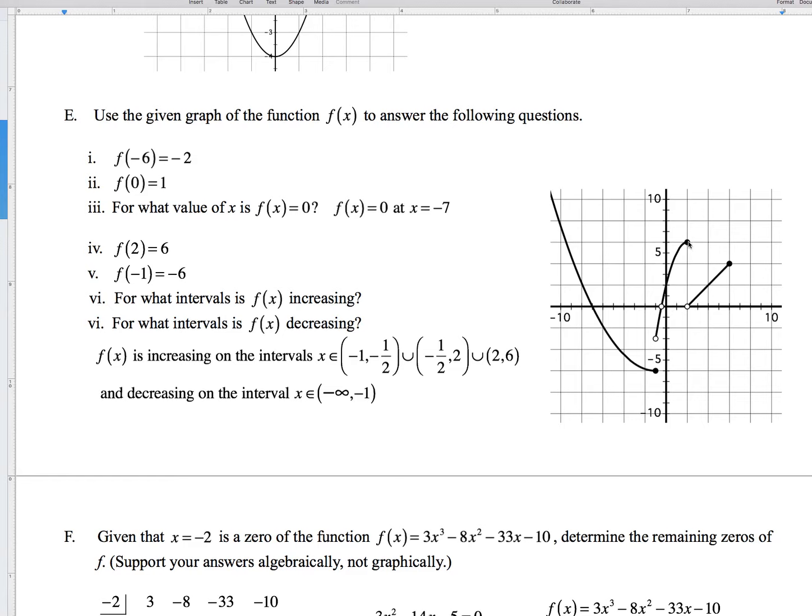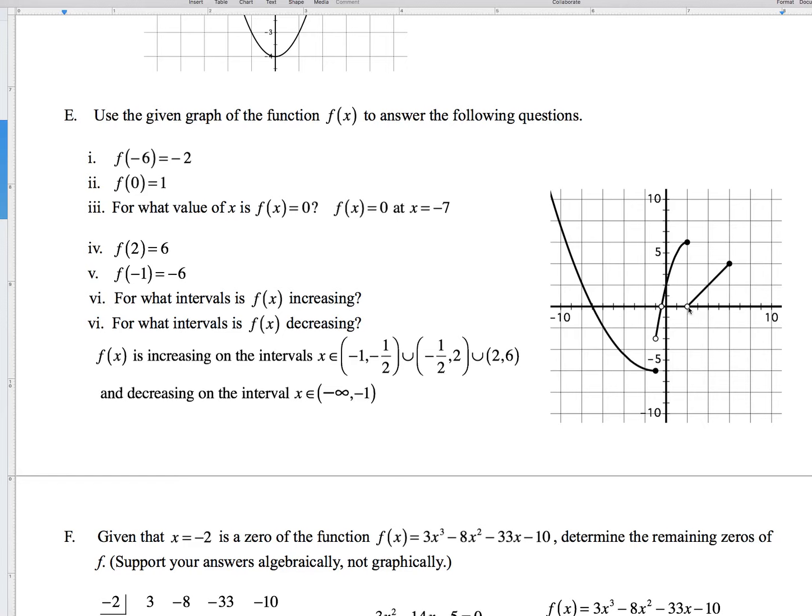Now it isn't increasing just because it's defined here at 2. That doesn't mean that the function is increasing there. It just means it's defined at 2. So it's increasing from negative 1/2 to 2. So once again, we have the parentheses to indicate that those points are not actually included. We just go all the way up as close as we can possibly get, and even closer to those points.